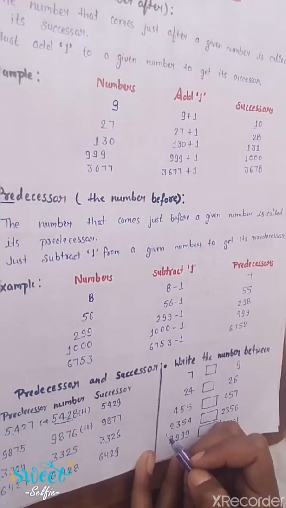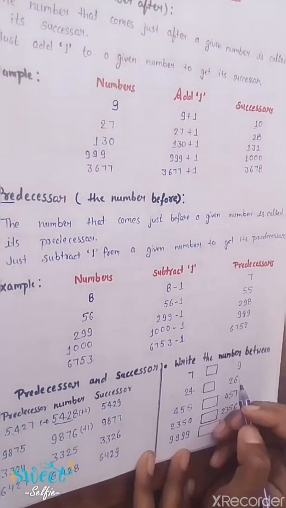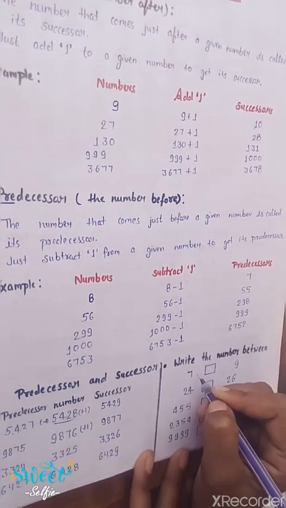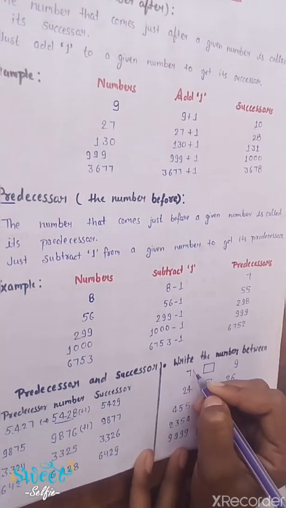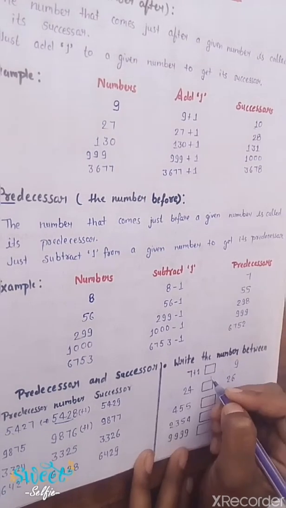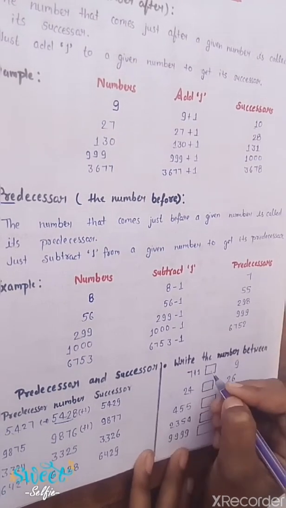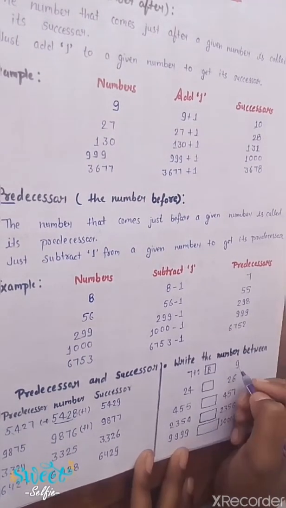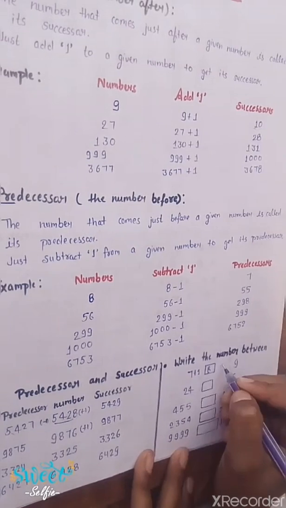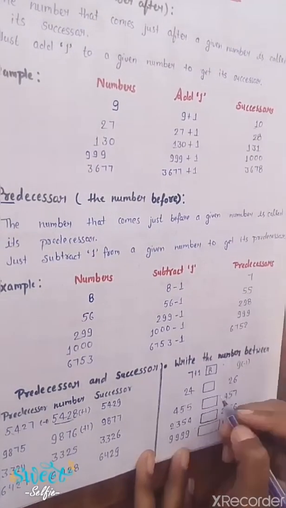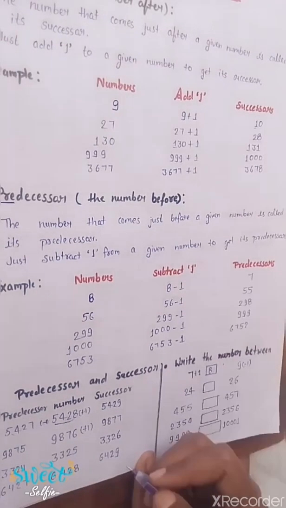Okay, we can find it in two ways. How? Firstly, if we add 1 to the predecessor, then we can find this number. So 7 plus 1 is equal to 8. And if we subtract 1 from the successor, then also we can get this number. Okay.